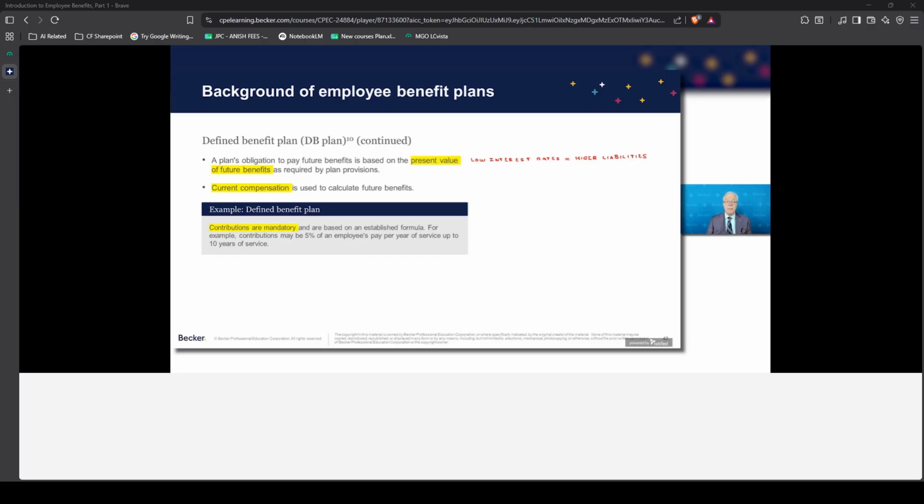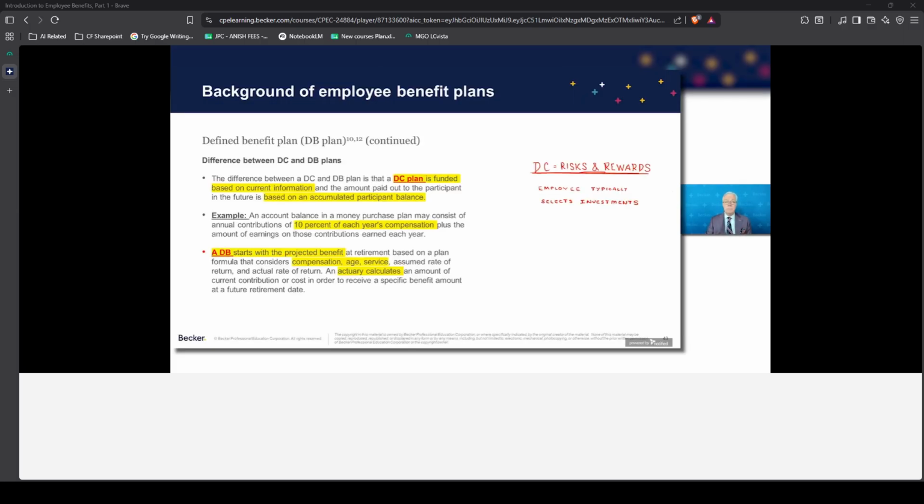Now, contributions are mandatory, and they're based on an established formula. For example, contributions may be 5% of the employee's pay for services up to 10 years of service. Now, the difference between the defined contribution and the defined benefit plan, as I mentioned, the defined contribution, you usually get to select. Do you want to put your contributions in your plan into stocks, big companies, little companies, foreign companies?